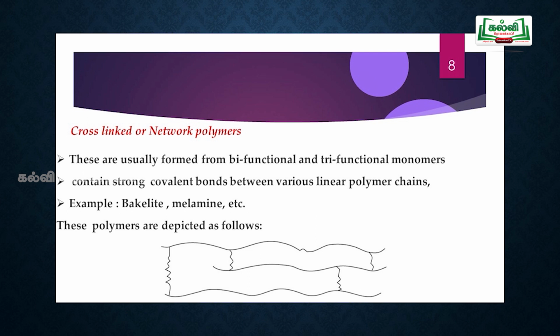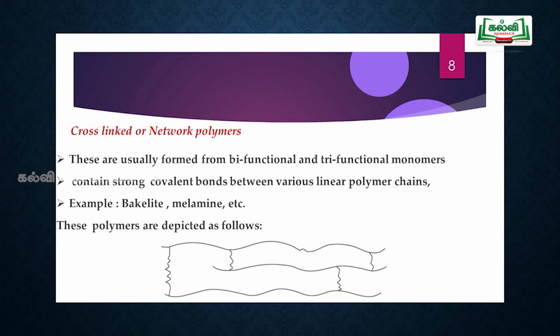What is bifunctional? A monomer containing two functional groups. Trifunctional, three functional groups. Monomers containing two or three functional groups form a cross-linked polymer, and there is a strong covalent bond between the chains. Remember, examples are bakelite and melamine.